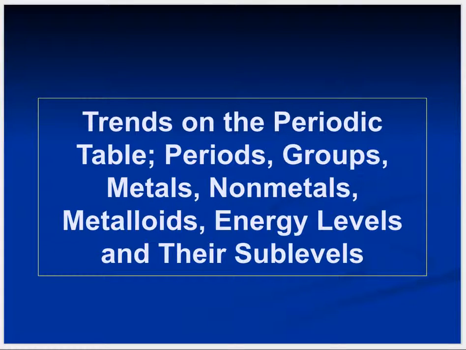All right, so what we're looking at is the periodic table. We're going to be looking at the trends that are on the periodic table. The periodic table is organized based on how the elements behave chemically with each other, and it's also based on what each of the elements weigh.